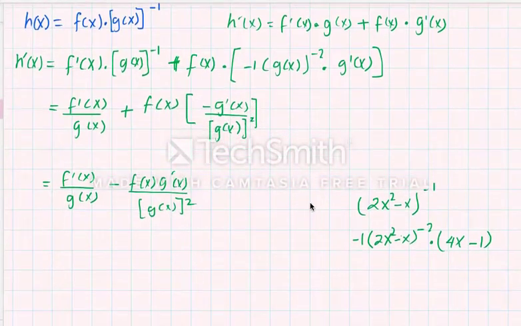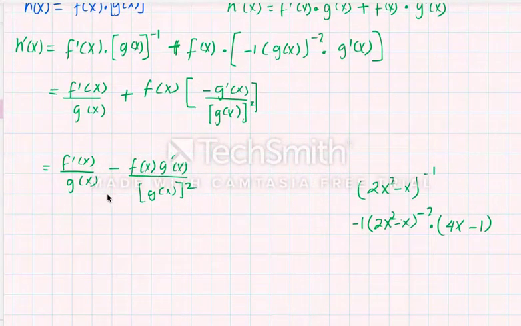Now we can make this a little bit better. So here we have a denominator of g of x, and here a denominator of g of x squared. So if we want a common denominator, we can multiply here this whole fraction by g of x. So if we multiply this by g of x, we have to multiply the top as well by g of x.